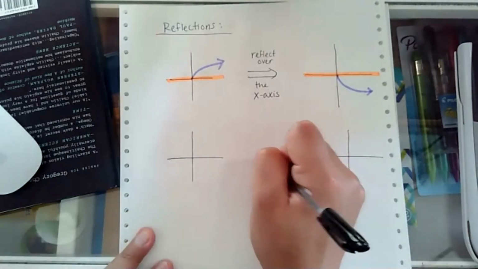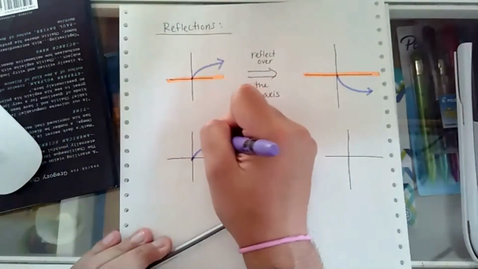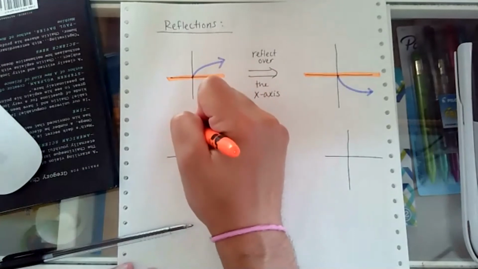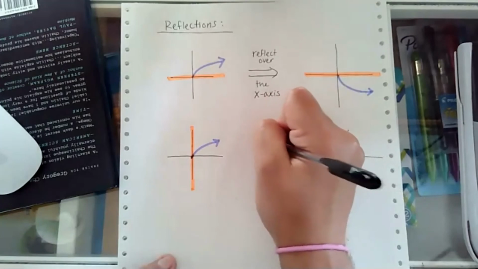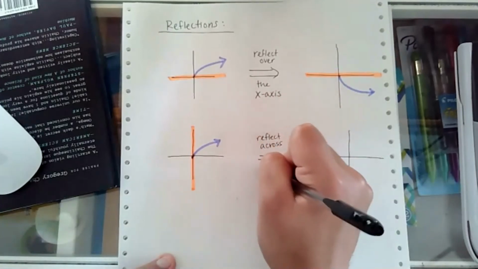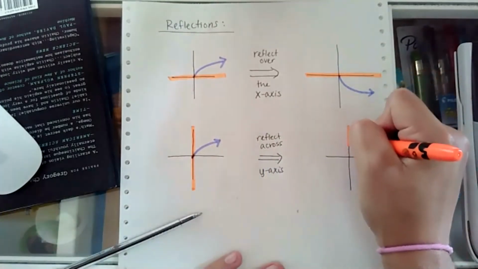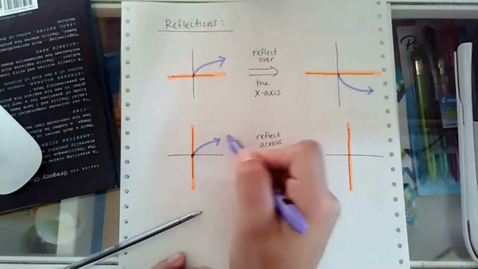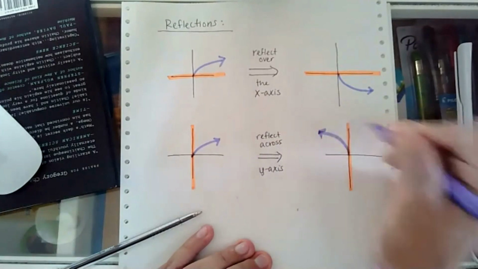And then if we were to reflect that same graph, so let me start with that same parent function. But this time we're reflecting over the y-axis. So I'm going to highlight the y-axis. Then we should be transforming this original graph to something that looks like this.